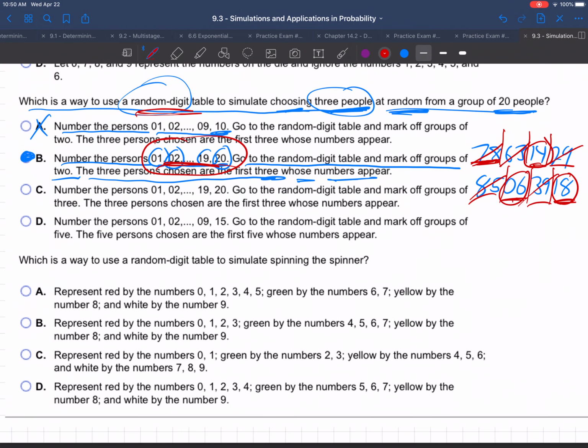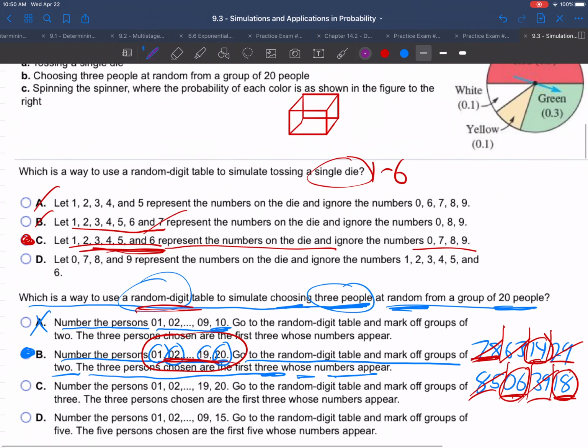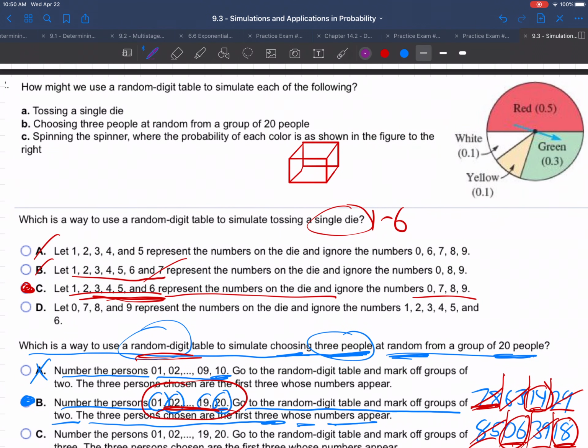Okay, and then part C here, the third part, which is a way to use a random digit table to simulate spinning the spinner. So they've got this spinner up here. Notice the white is 0.1 or 10%, same thing, right? Decimal or percentage. The yellow is also 0.1 or 10%.